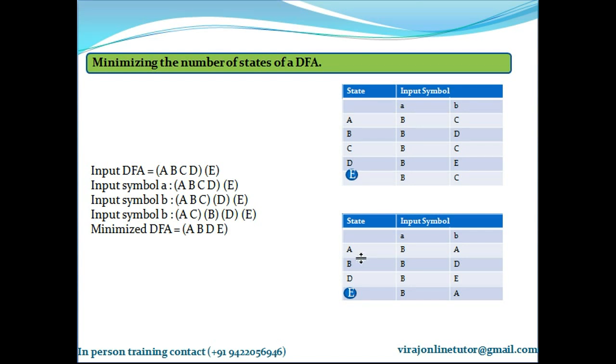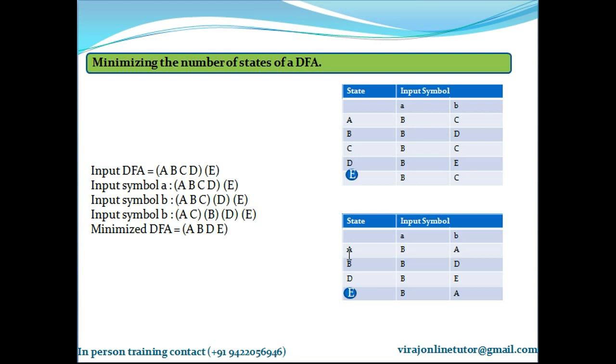I repeat, if any state on all the input symbols goes to itself and it is not a final state, then that is a dead state. So I'll give you an example. Suppose A on input symbol small a was going to capital A and A on small b was going to capital A. Since that state on all the input symbols is going to itself and it is not a final state, A will become a dead state.